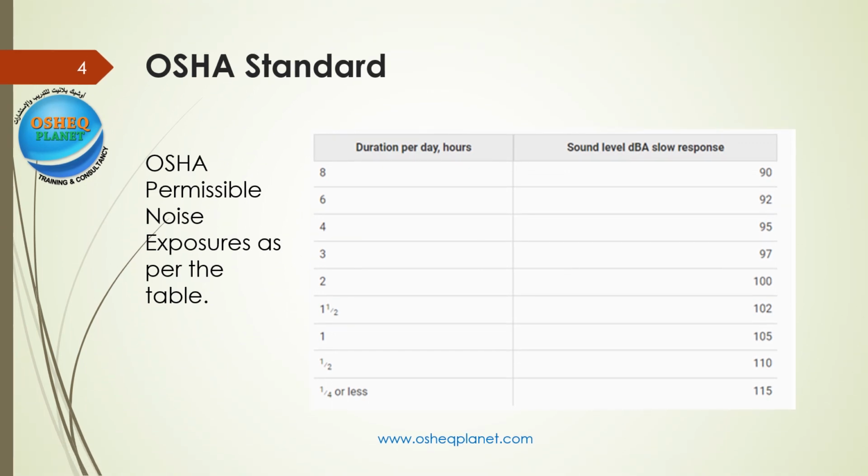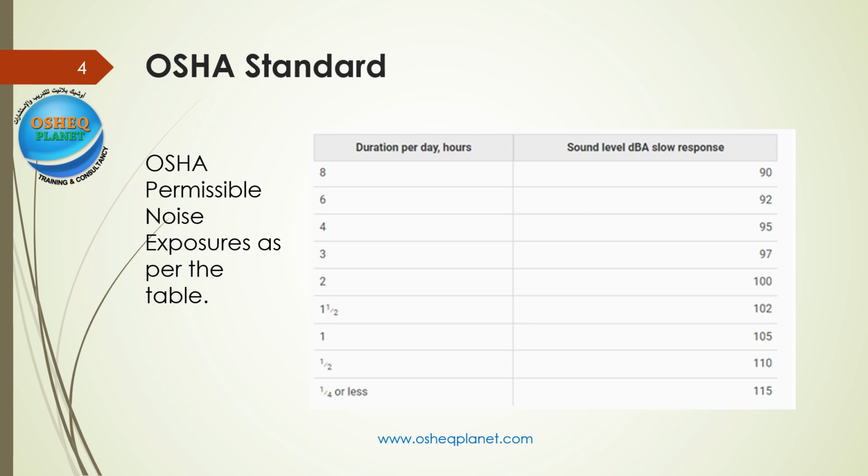OSHA permissible noise exposures are as per the table. If you look at that table, you will find that for an 8 hour duration per day, the permissible noise exposure should not exceed 90 decibel. As the noise level increases, the duration should be decreased.